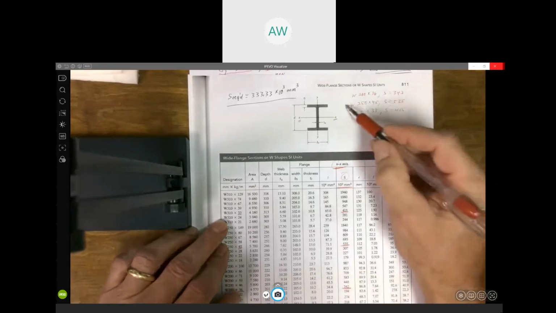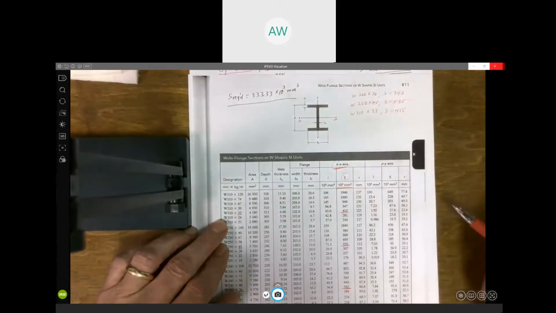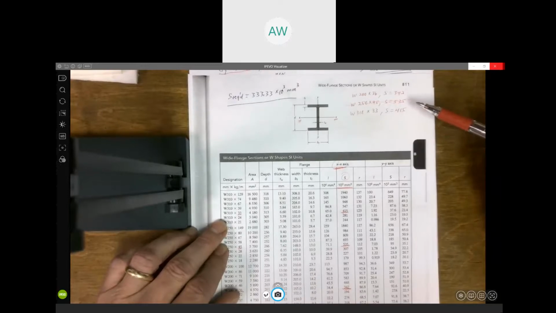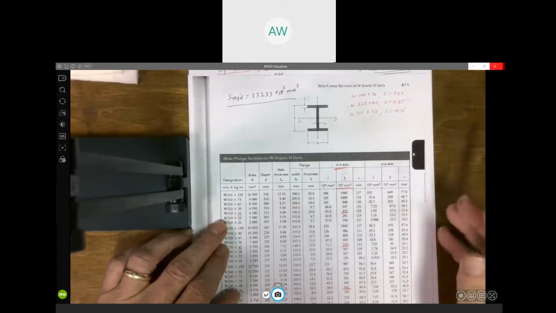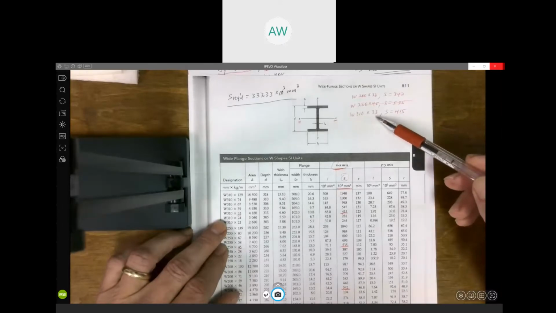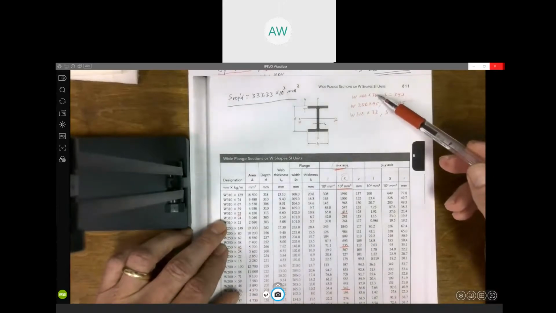Right, so we already decided that one's out, right, because it's 45 kilograms. But now let's look between these two. Which one would be the better choice? Well, this one is lighter, right? It's only 33 kilograms per meter. So it would be a better choice than the W200 by 36.